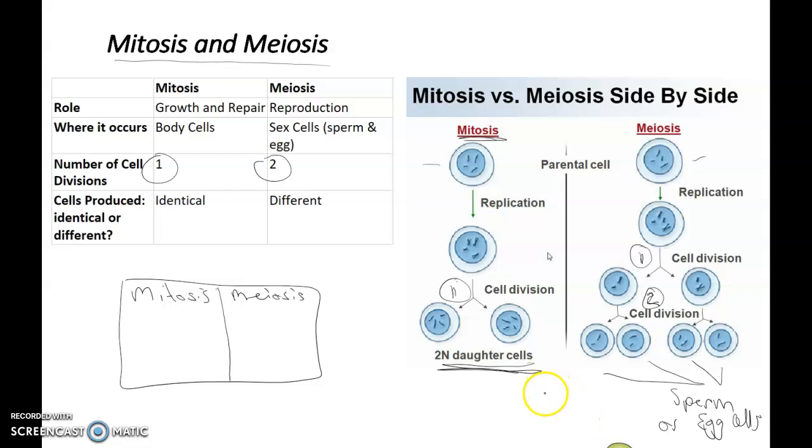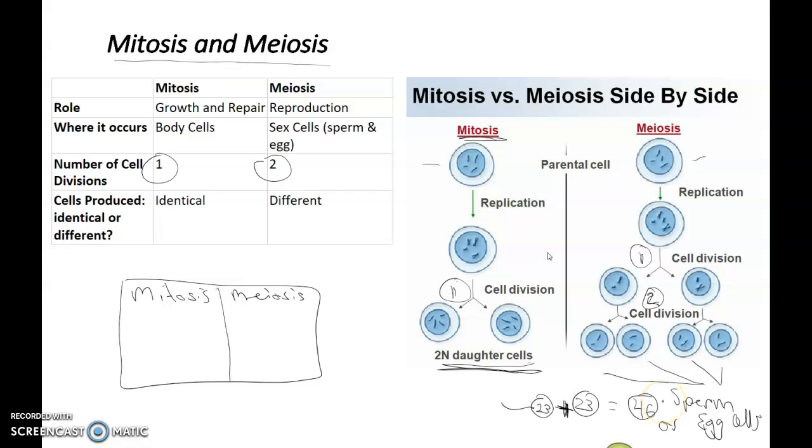So when a baby is made, you've got sperm and an egg that come together in fertilization. We learned that last lesson. Now, a sperm has 23 chromosomes and an egg has 23 chromosomes. When these two come together through fertilization, that's going to make one full cell of 46 chromosomes.